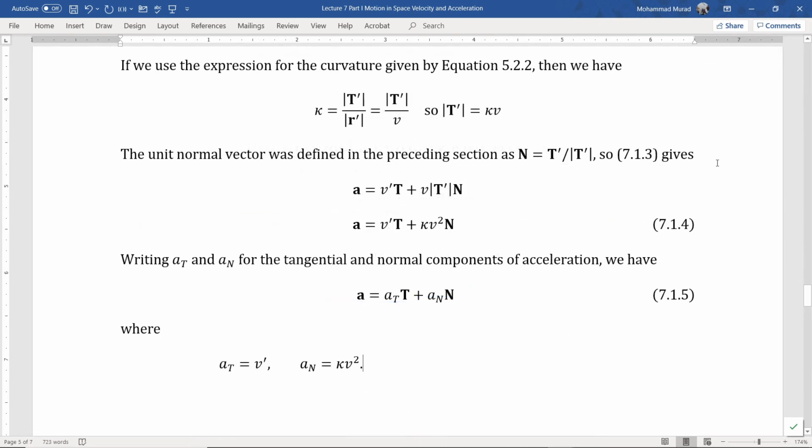Now, if we use the expression for the curvature given in equation 5.2.2, then we have the curvature equal to the ratio of the magnitude of the derivative of the unit tangent vector over the magnitude of the first derivative of the position vector, which can also be written as v.